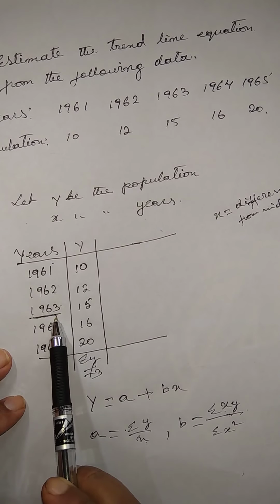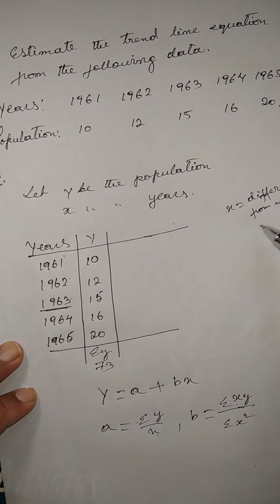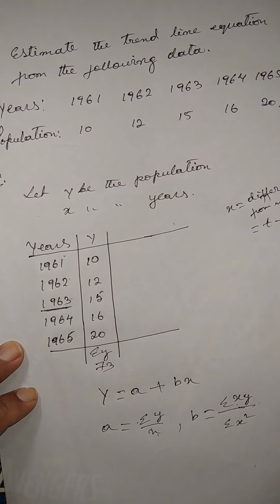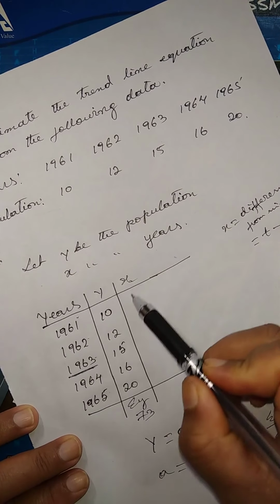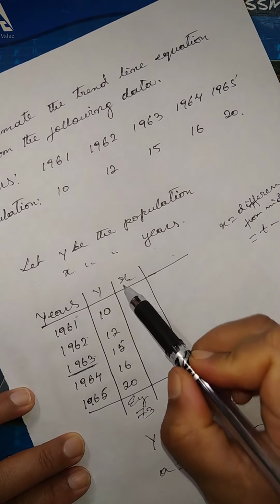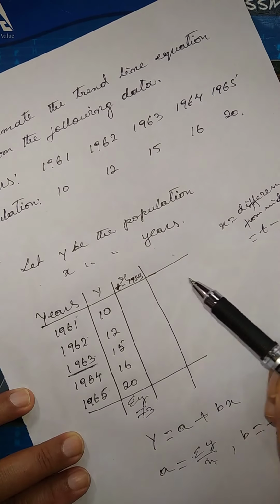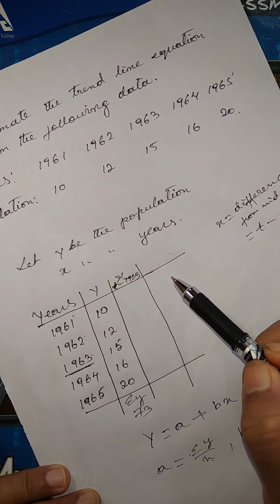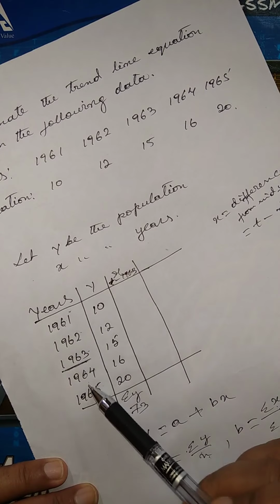1963 as our mid-year. So x equals t minus 1963, where t are the years.